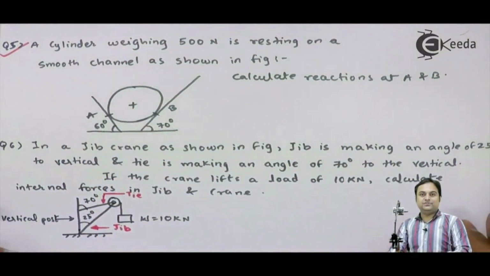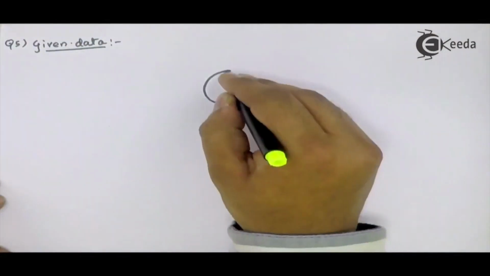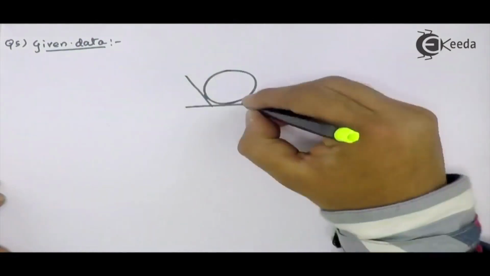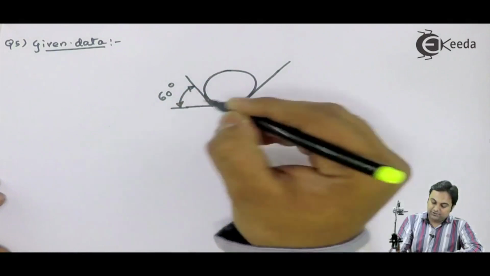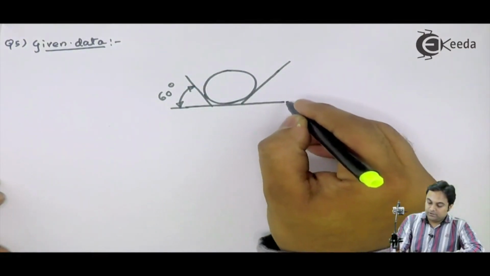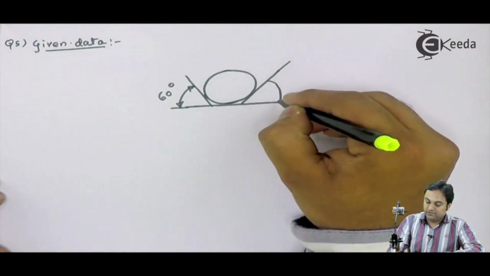So I'll write the data for this question, that is question number 5. One plane is inclined at 60 degree to horizontal and the other is inclined at 70 degree.